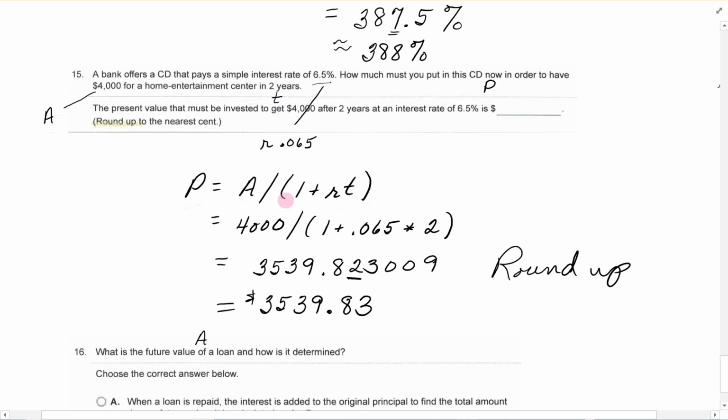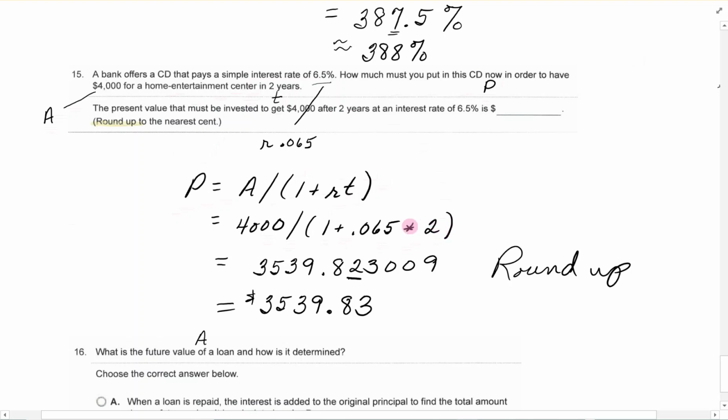I will get the present value formula. It is 4,000 divided by, open parentheses, 1 plus the interest rate changed to a decimal. It was 6.5%, now it's 0.065, times T, the time, which is 2 years.